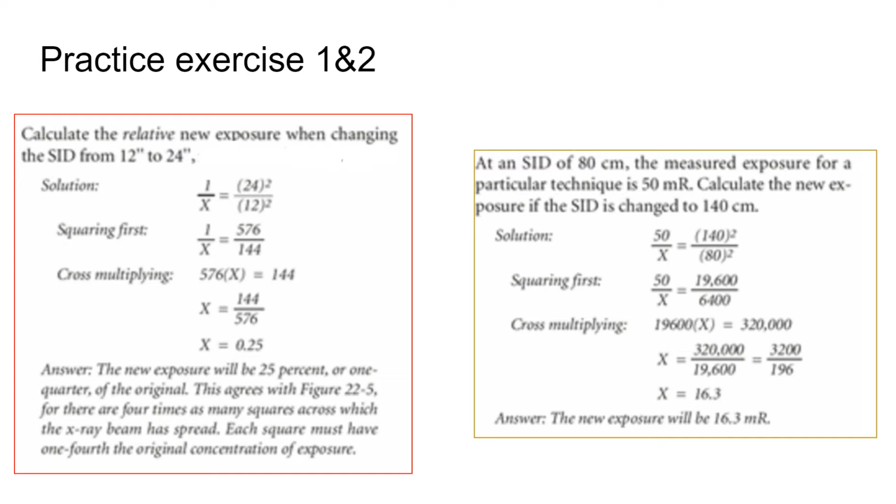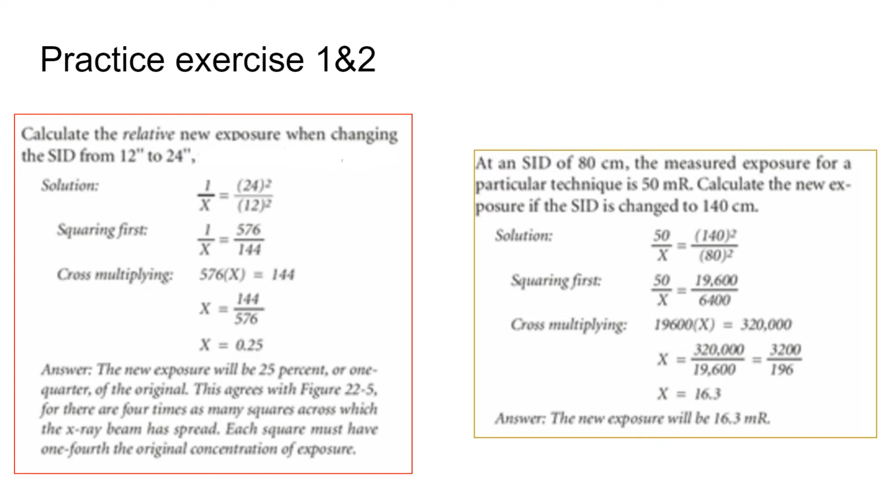This one says, at an SID of 80 cm, I get an exposure, for whatever technique I used, that gives me, if I were to have used a dosimeter, 50 mR. So at 80 SID, I get 50 mR. Now I want to know what that new exposure is going to be if I go to 140 cm.